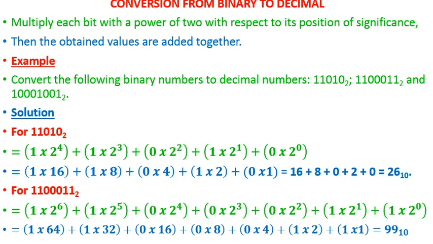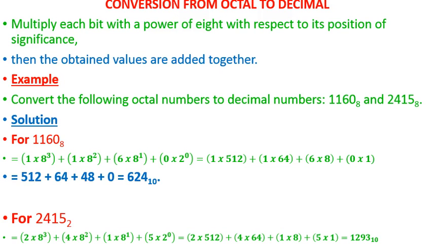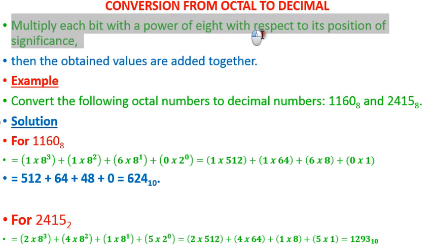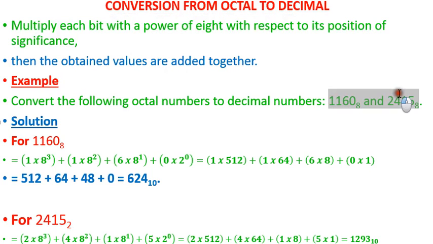But here, since we are under base 8, we multiply each of the digits given in the octal number by powers of 8 with respect to the position. The rightmost will carry power of 0, and you continuously increase towards the left, and then you add everything to give you your answer.